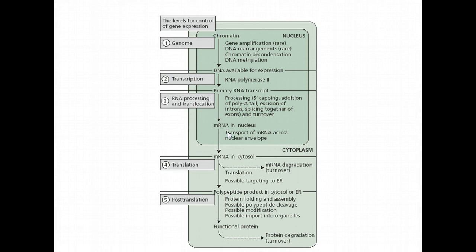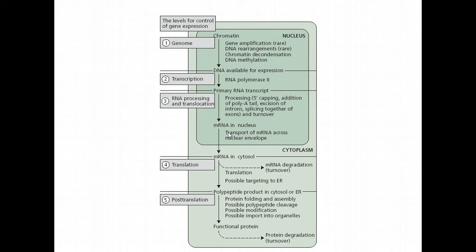Then it has to move out, so the nuclear pores have to be open so that that piece of RNA can move out. And then it's translated, and then we have another level here at the bottom called post-translational. And look at these. We've talked about all of these. The protein has to be folded correctly.